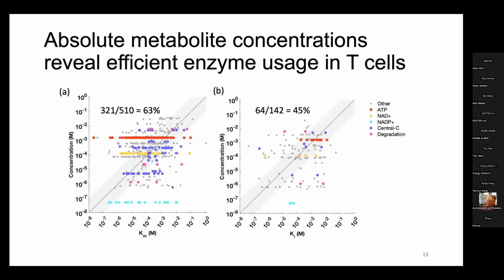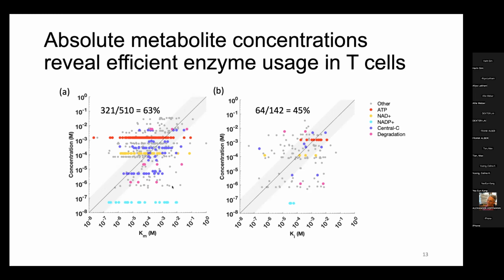As I mentioned before, we want to actually use these metabolite concentrations to get a sense of function and kinetics. And so one thing that we could do is we plotted the concentration of different metabolites across their Km values for different reactions and also their Ki values.